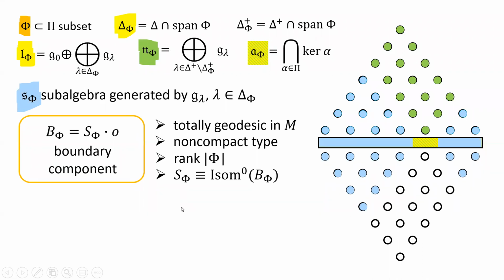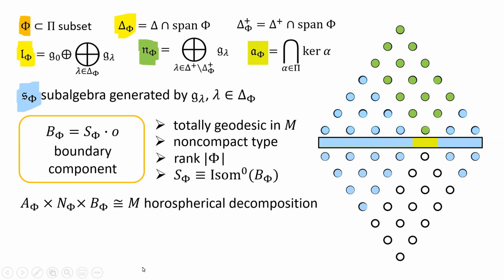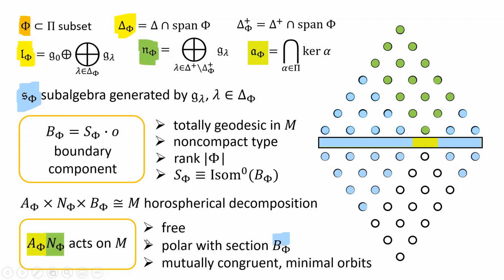Now, there is a classical result, the horospherical decomposition, that tells you that M is diffeomorphic to the product N phi times A phi times B phi, where A phi and N phi are the connected subgroups of G with the corresponding Lie algebras. But we can restate this result in a different way. Let us consider the group A phi N phi.